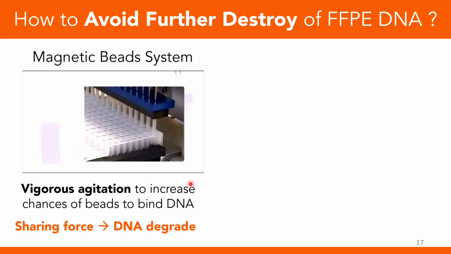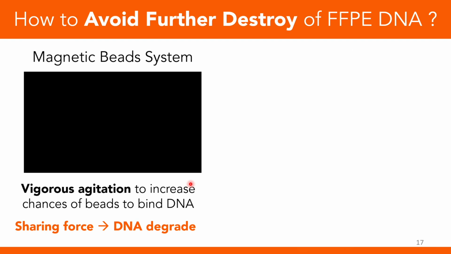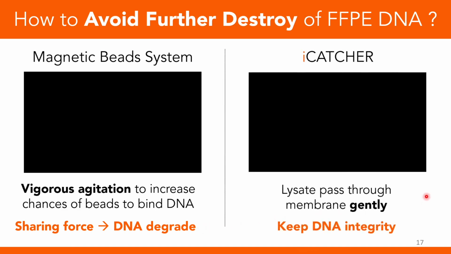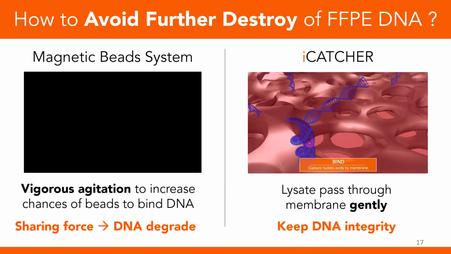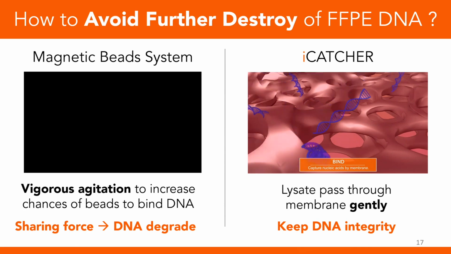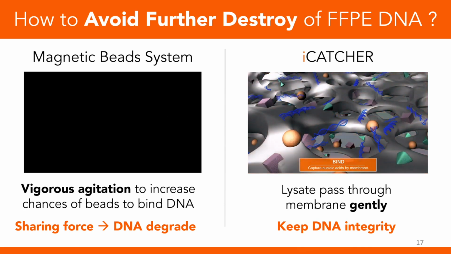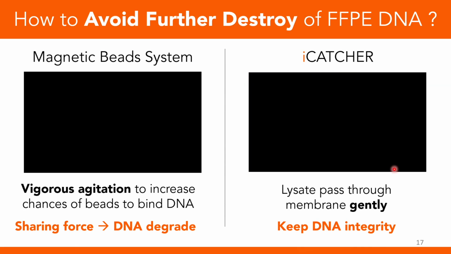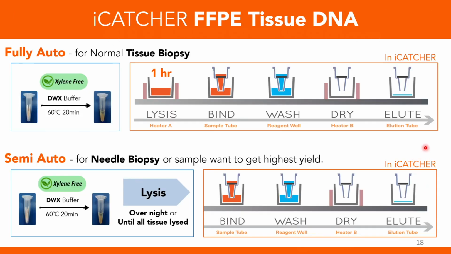This is also a kind of shearing force, which will cause DNA damage, because if one DNA touches two different magnetic beads, it's a shearing force, and it degrades more seriously. In iCatcher, we use a membrane. The lysate passes through the membrane gently, so we can keep the integrity of the FFPE DNA in larger fragments. So this is how we avoid further destruction of FFPE DNA.